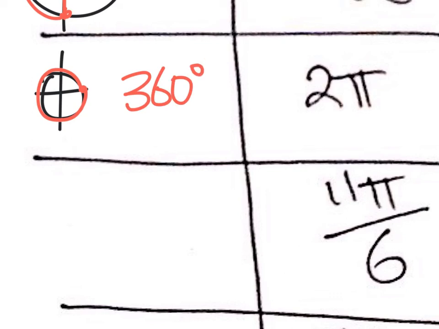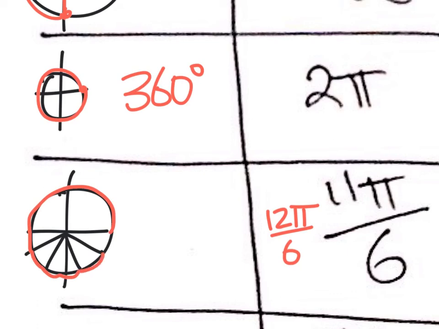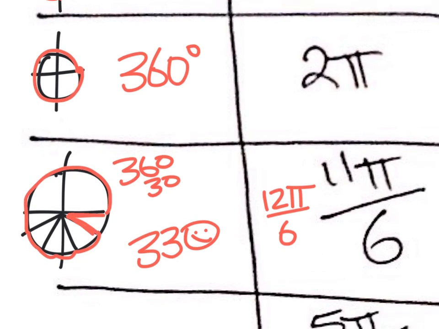So notice how that is 1/6 less than, what would this simplify to? 2 pi, yes. So if we break our bottom guy into sixths, so we have 1, 2, 3, 4, 5, 6, 7, 8, 9, 10, and 11. So it's just this 30 degrees less than all the way around. You guessed it. 330 degrees.